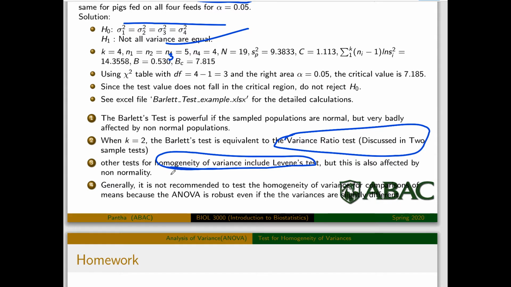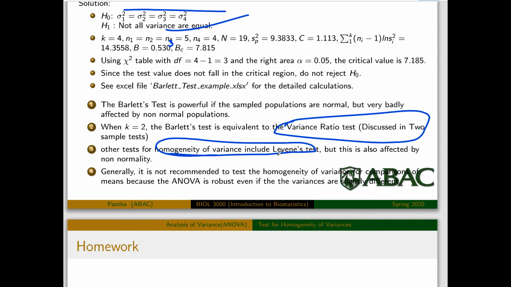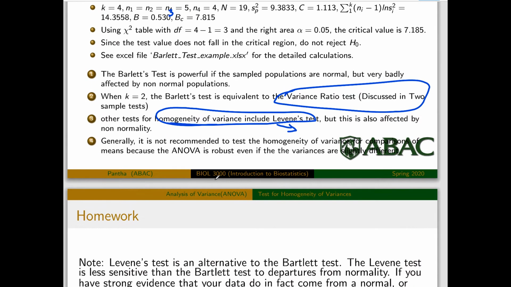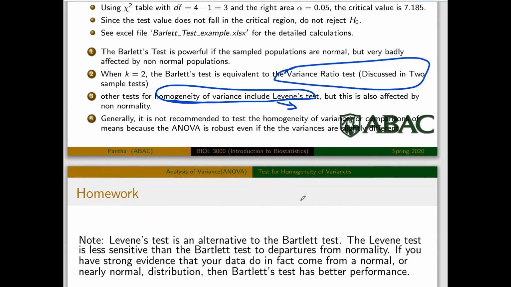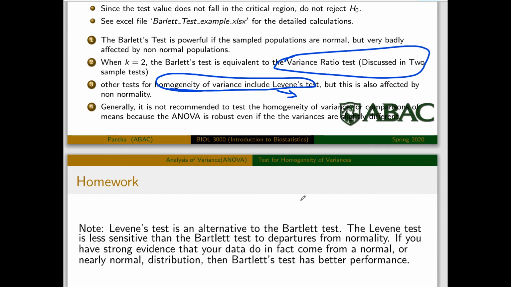Okay, other tests for homogeneity of variance include Levene's test. We did that already, but this is also affected by non-normal data. Generally, it is not recommended to test the homogeneity of variance before comparison of means because ANOVA is robust even if the variances are slightly different.